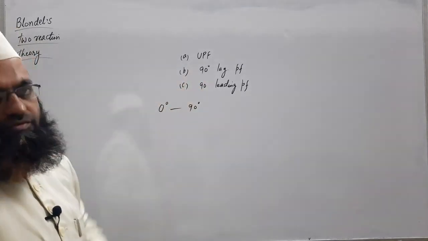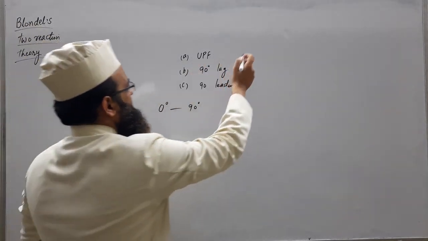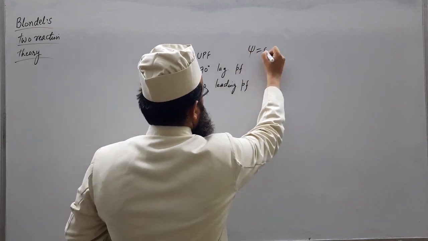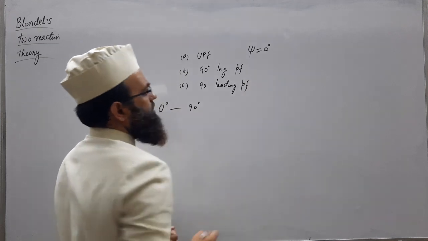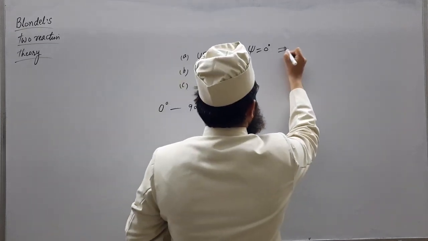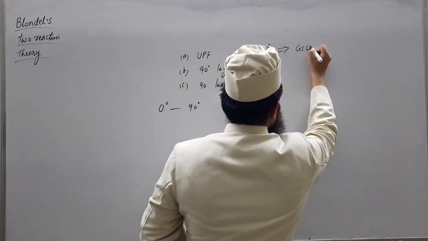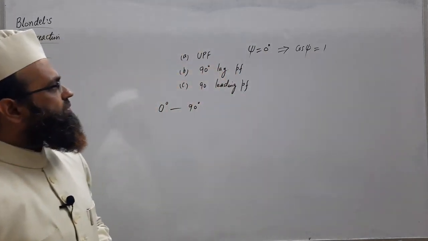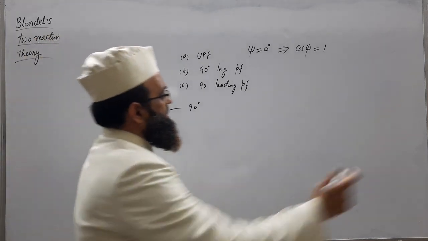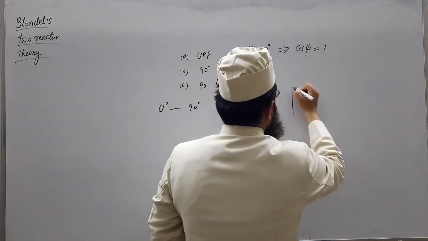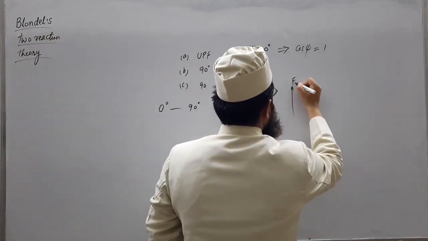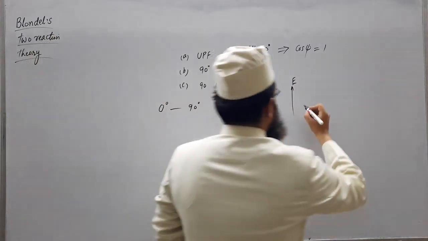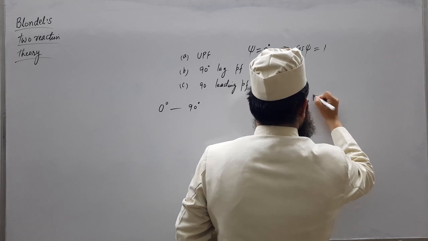Unity power factor means the internal power factor angle psi is 0°, that is cosine of psi will be equal to 1, unity power factor. This psi is nothing but the angle between the internal induced EMF E and the armature current IA.